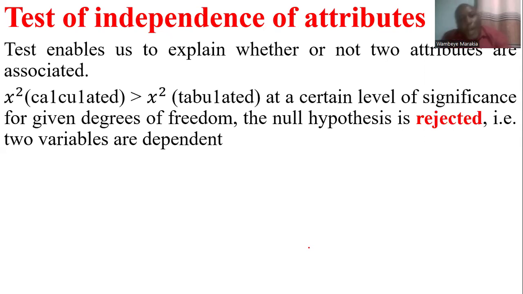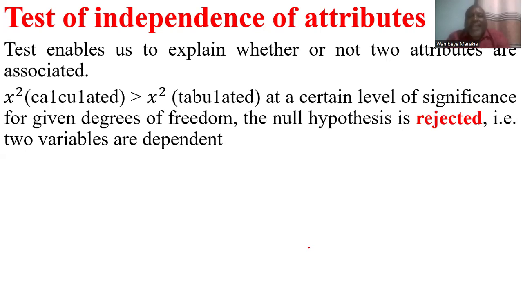Now, also very important to note is when you calculate the chi-square and you find that the calculated chi-square is greater than the tabulated chi-square at a given level of significance for a given degree of freedom, then the null hypothesis is rejected. And we say the two variables are dependent.